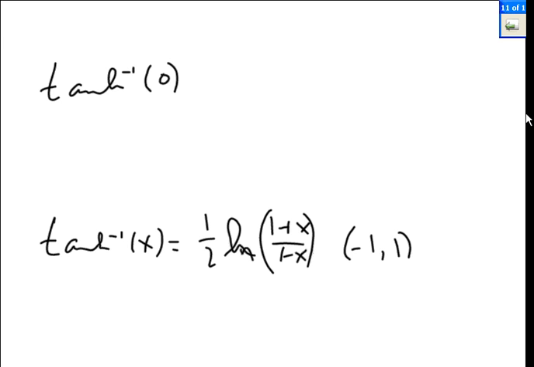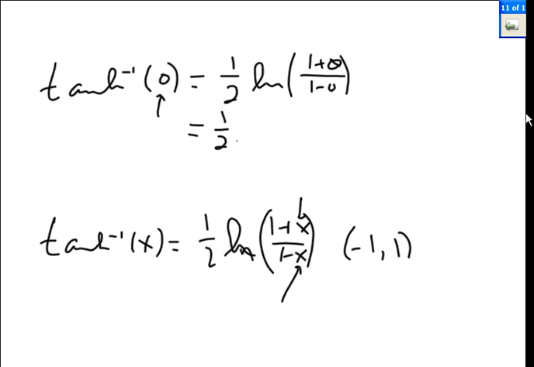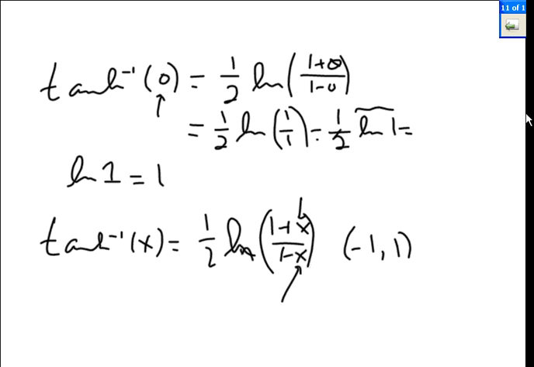All right, so they're telling me that x is 0. So I'm going to get 1/2 ln of 1 plus 0, which is 1 of course, over 1 minus 0, which is 1. So I have 1/2 ln of 1 over 1, and 1 over 1, of course, is 1, but that's 0. ln of 1 is shorthand for log base e of 1.